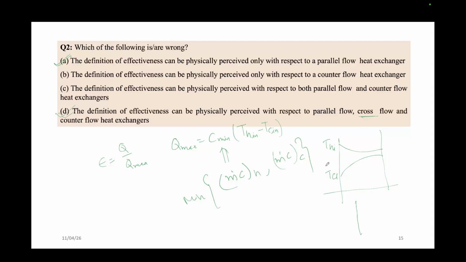So the difference here, please observe, THI, this is TCI. So my question is that the difference here appears to be more, right?